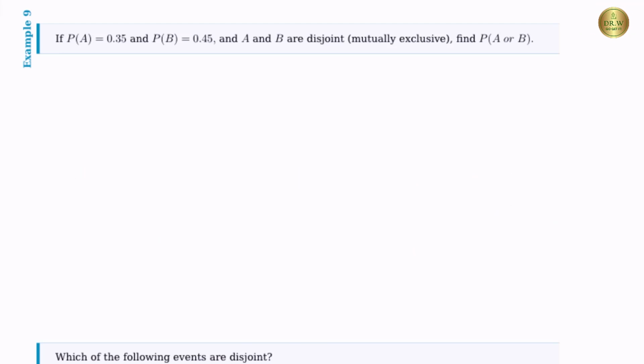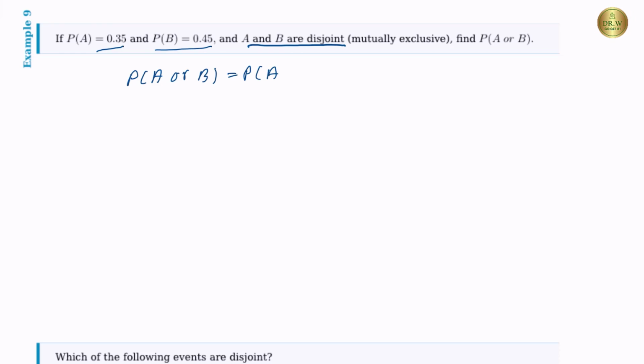Example number 9. If probability of A equals 0.35 and probability of B equals 0.45 and A and B are disjoint, find probability of A or B. How do we find the probability of A or B? They are disjoint, right?